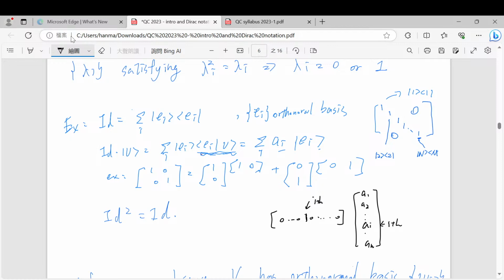So ei times v just picks out the ith coefficient of v, and now this becomes a number. So this is just ai, and you still have your ei here. This summation over i of ai times ei is just your vector v.